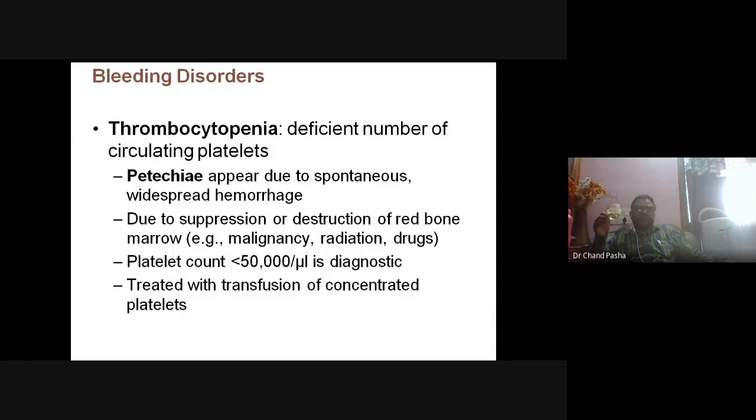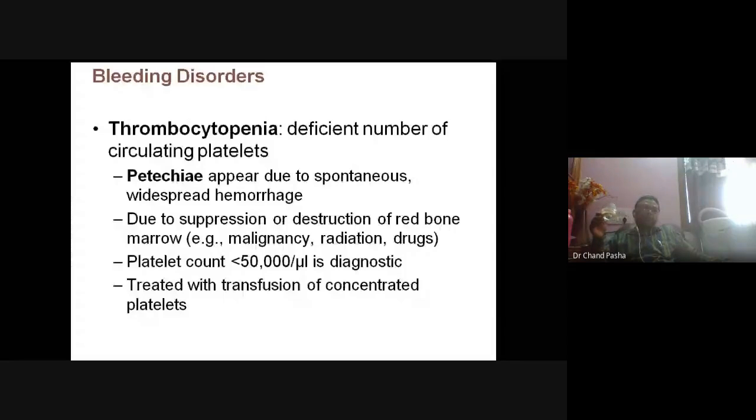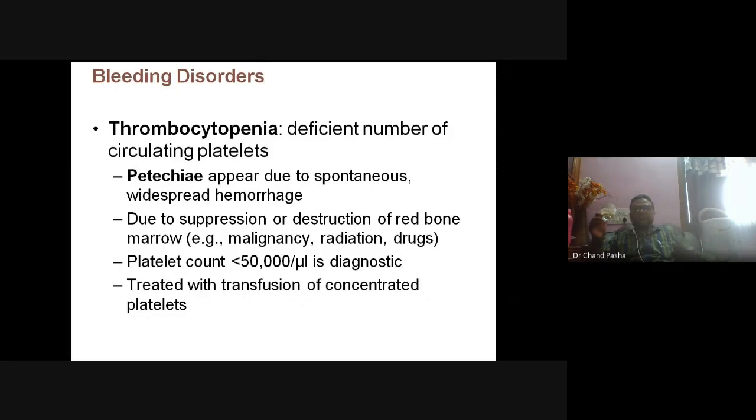In dengue patients, they gradually get reduced. If the number is reduced and the disease gets more established, then you will get bleeding from the gums, or wherever a small cut is there, you'll have bleeding.